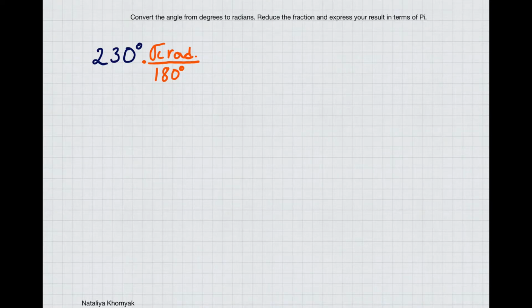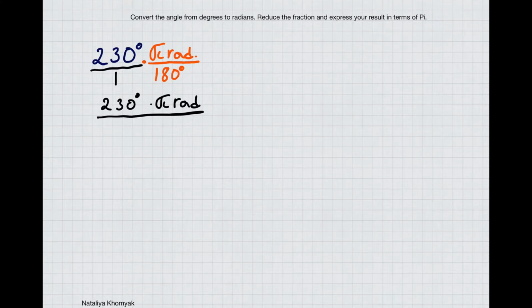We are multiplying a whole number by a fraction, so 230 degrees is out of 1. Multiply numerators, we're going to have 230 degrees times pi radians. Multiply denominators, 1 times 180 is 180 degrees.